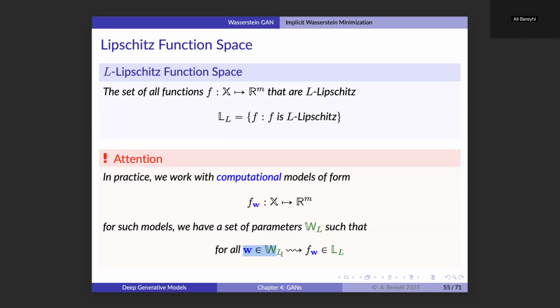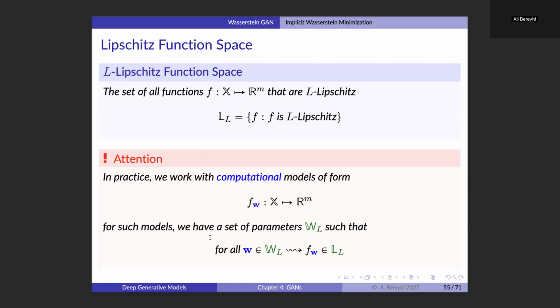So computationally, this set of all Lipschitz functions is eventually a set of model parameters. And then the question is, how can I find out the right choice of this W? Okay, this is a bit of a challenging thing, and we're going to briefly talk about it. But in practice, we can come up with some tricks that do this for us.